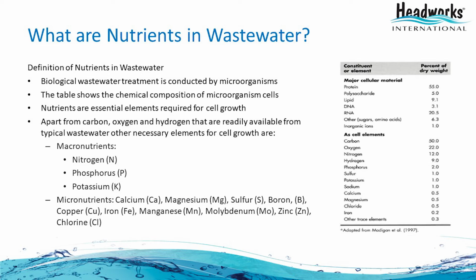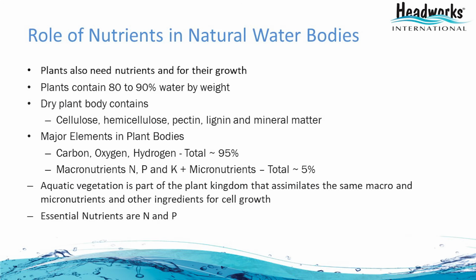There are also micronutrients: calcium, magnesium, sulfur, boron, copper, iron, manganese, molybdenum, zinc, and chlorine. These are the elements that make up the microbiological cells. Because the majority of the constituents are nitrogen, phosphorus, and potassium, they are very important and are termed macronutrients.